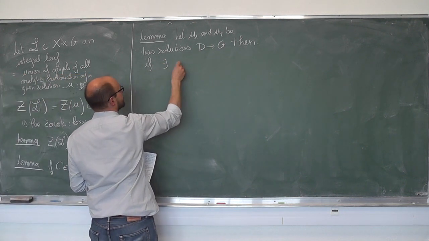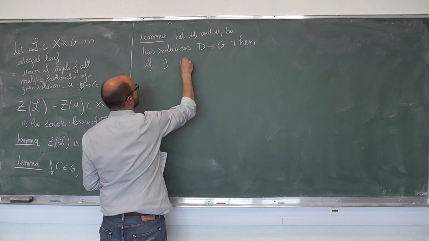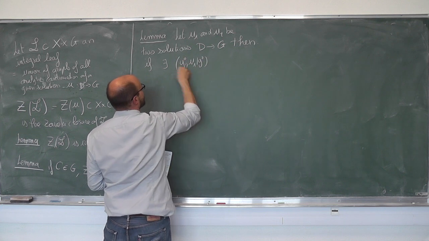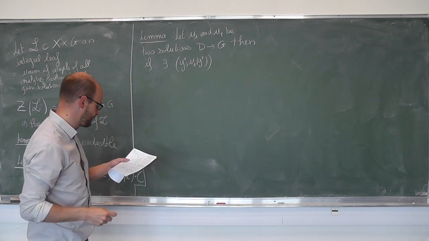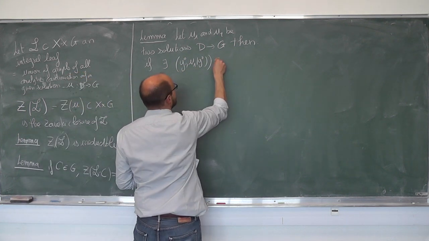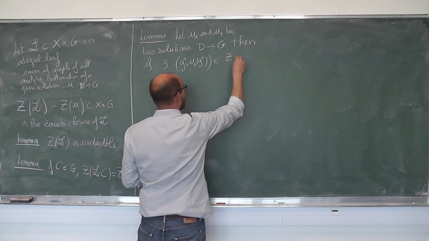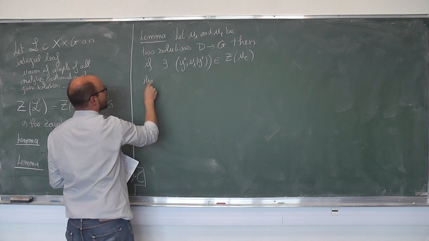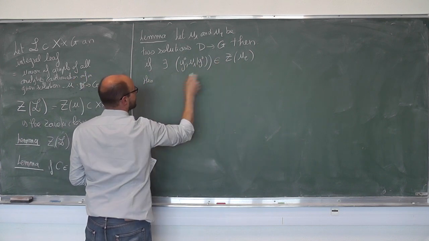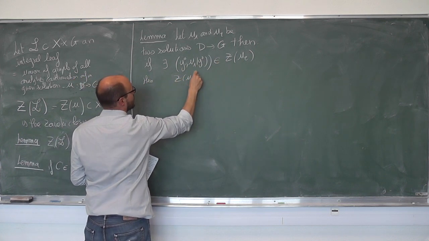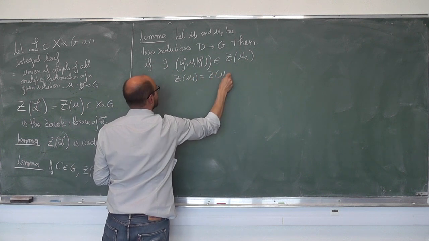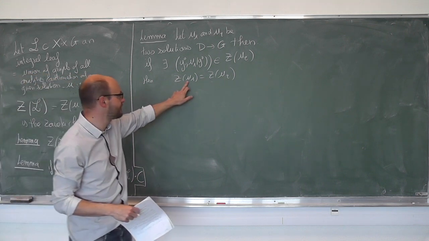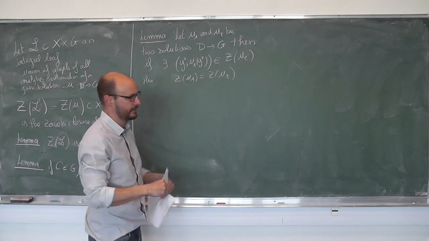If there exists Y0 and U1 of Y0, so it's a point on the graph, inside Z of U2, then Z of U1 equals Z of U2. In particular, all the graph of U1 is inside this.